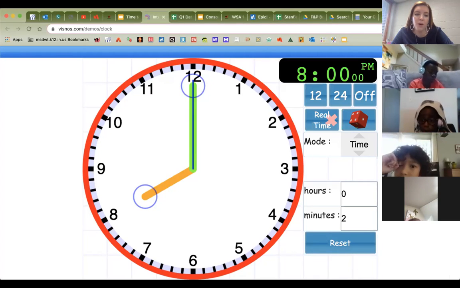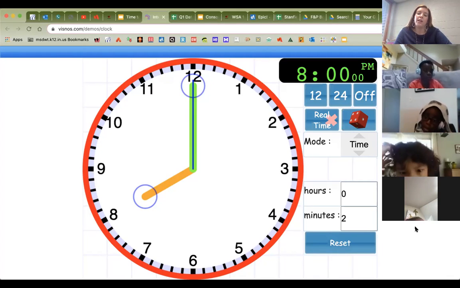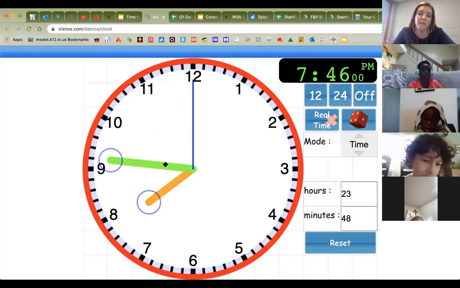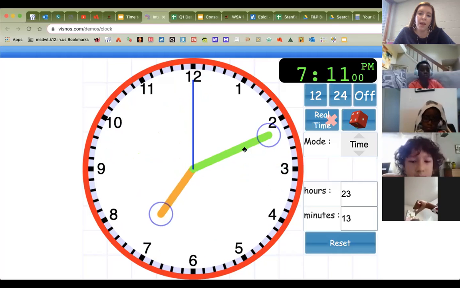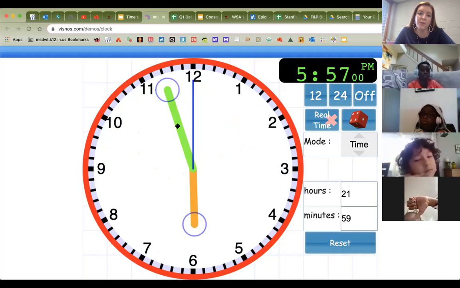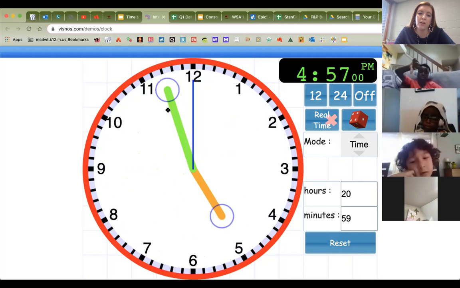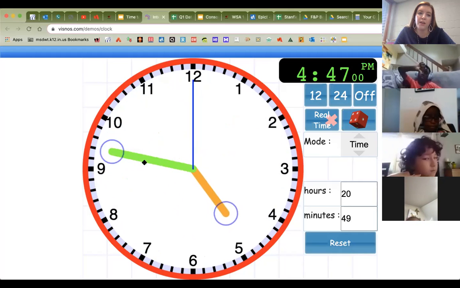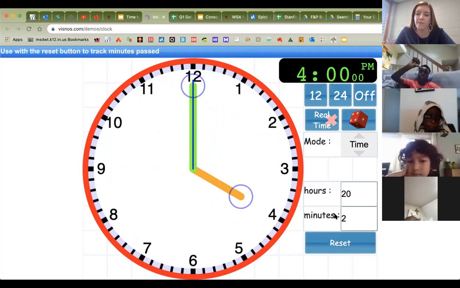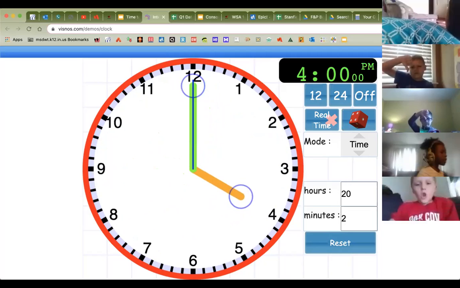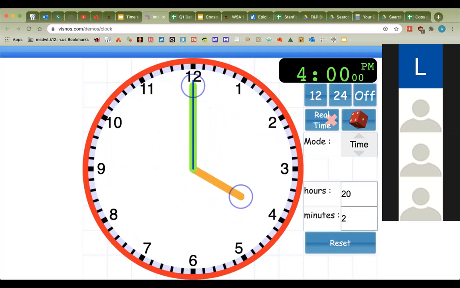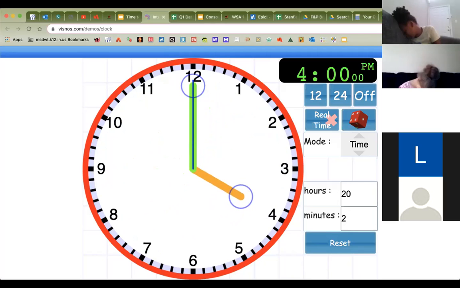Before we begin, give me a thumbs up or thumbs down. Do clocks go this way? Kamaya says no. I see shaking of heads, which is awesome. Do clocks move this way? No, clocks do not move in that direction because that's not adding to our time.